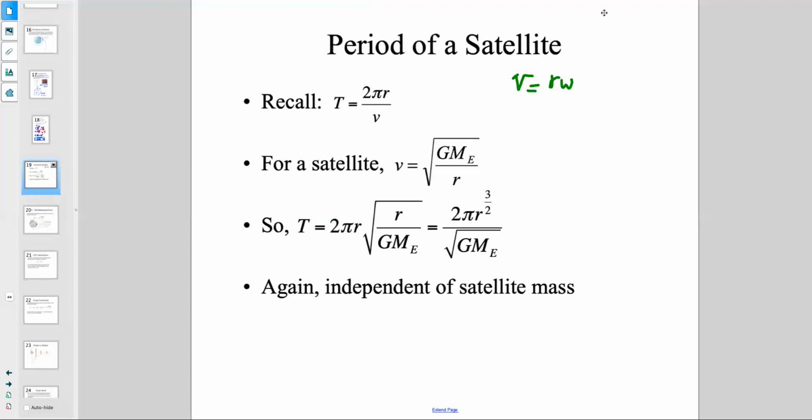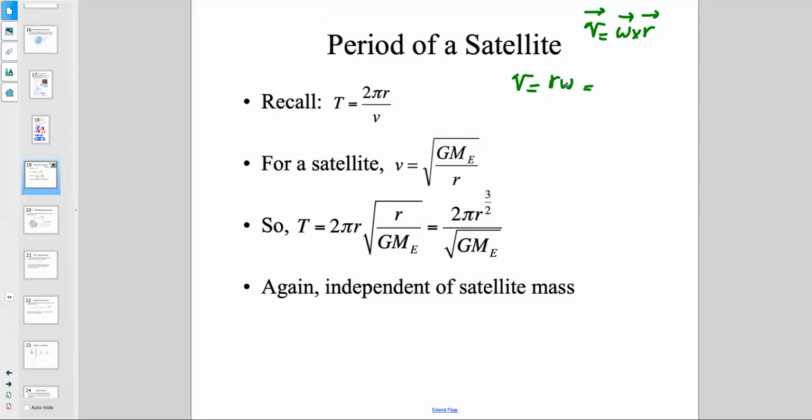If you care about the direction of the velocity, v is omega cross r, and they are vector products. So we have omega, the angular velocity, crossed with r, another vector. But the magnitude can be found by simply multiplying them, so r omega.